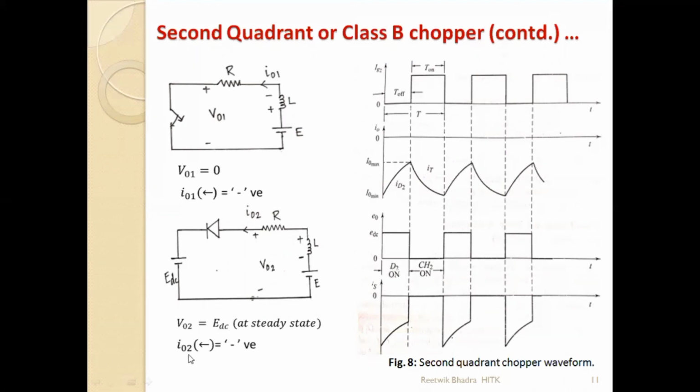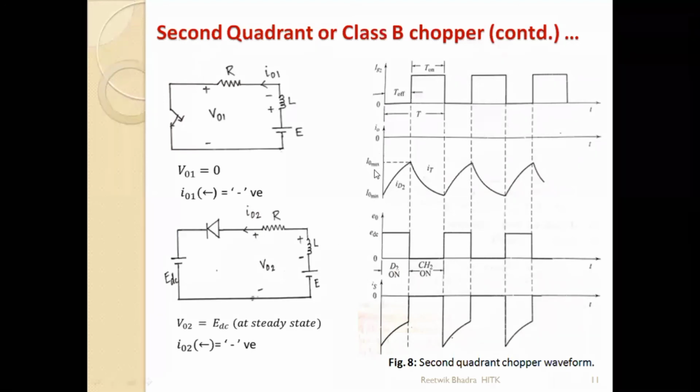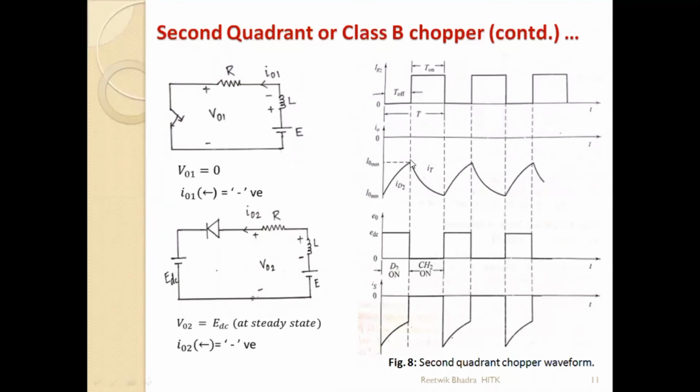Now, what is my current? I02, negative. And this time the inductor is discharging, so the inductor current is negative. See, it has been plotted below 0, and from here to this point it discharges exponentially. Next, in this on period, what is my V01? It is nothing but the voltage across the switch, so that is 0.